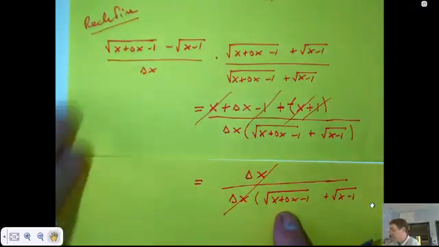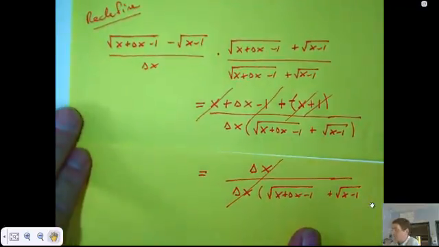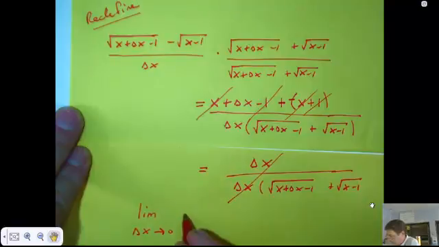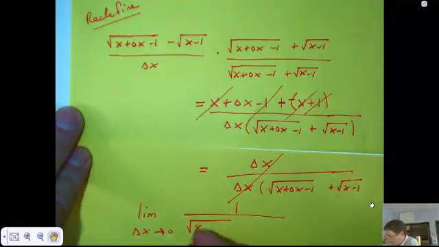Okay, and mentally you should be asking yourself, now can I use direct substitution? So I have a 1 left on top, and it's the square root of x plus delta x minus 1 plus the square root of x minus 1.